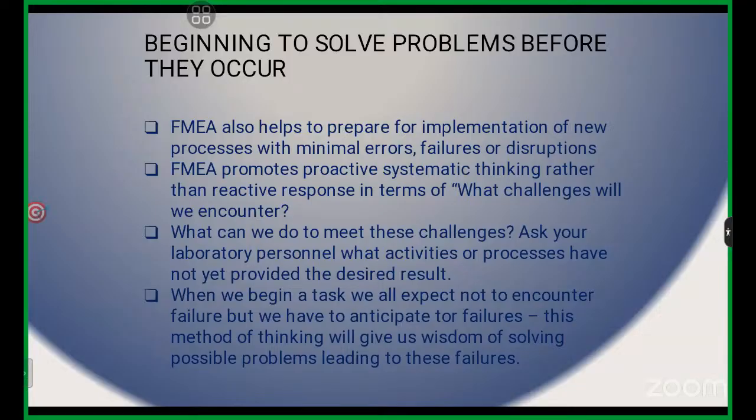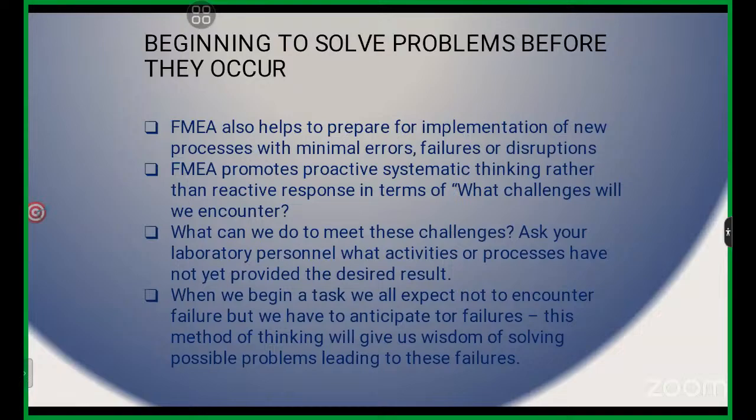We begin to solve problems before they occur for us to be safe, but not vice versa. Many people wait for problems to occur so that they can solve them, but that is a wrong approach. So in the medical laboratory, we need to solve problems before they occur.